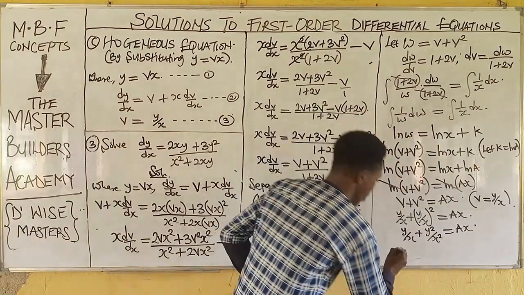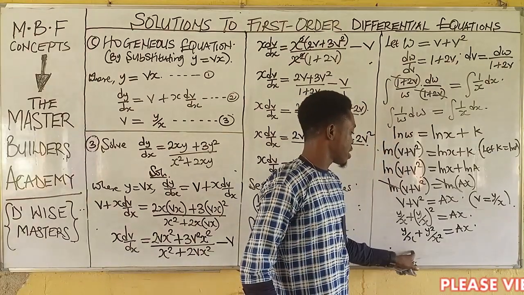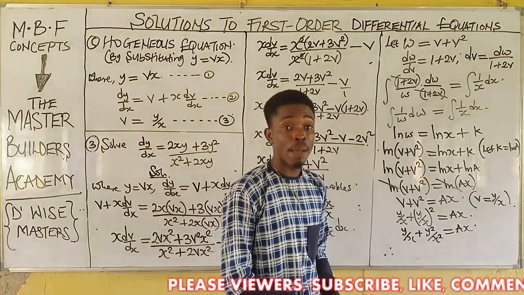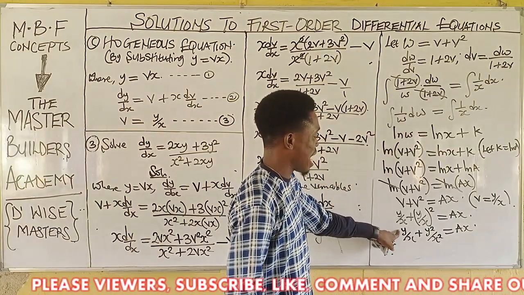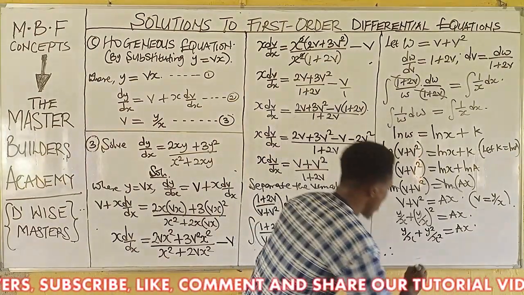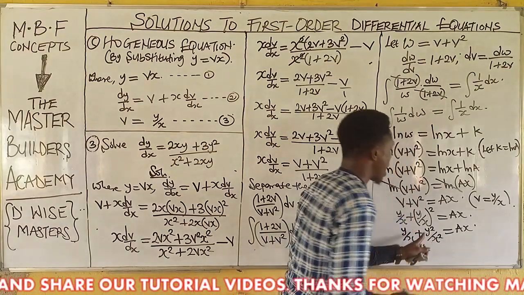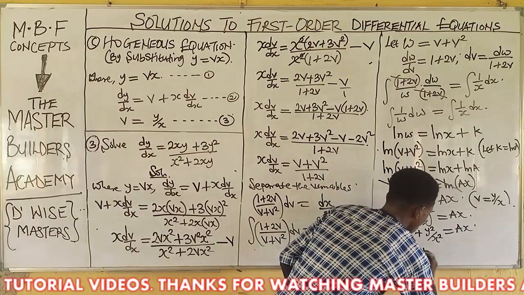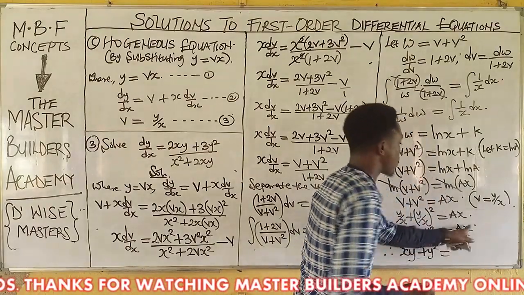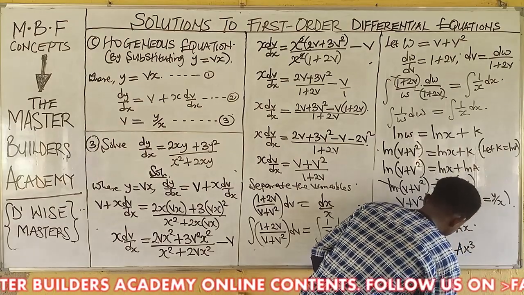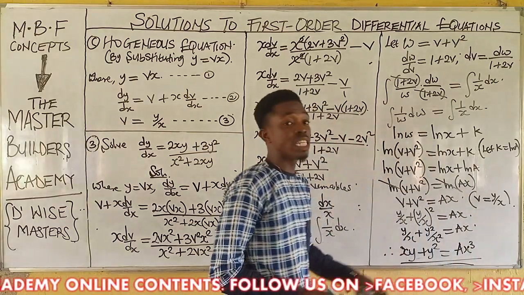Now finally, when we simplify this, the LCM of x and x squared is x squared. So when I multiply this by x squared, I'm going to have xy. And when I multiply this by x squared, I'm going to have y squared. And when I multiply this by x squared, I'm going to have ax cubed. This is the answer to this very question.